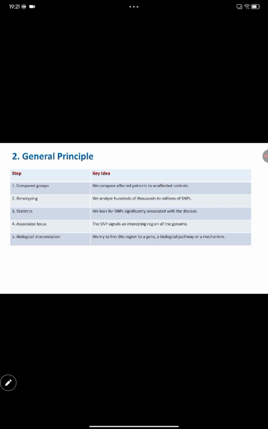Third, we apply statistics to find SNPs significantly associated with the disease. Fourth, each significant SNP signals an interest in regions of the genome called locus. Fifth, we attempt biological interpretation by linking this region to a gene or a biological pathway or a mechanism. These are the steps for any general GWAS study.